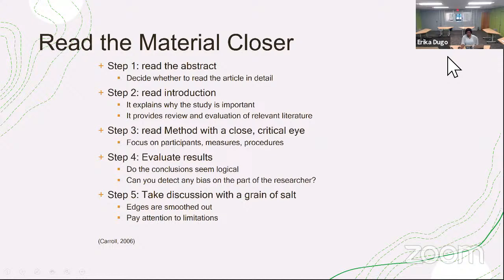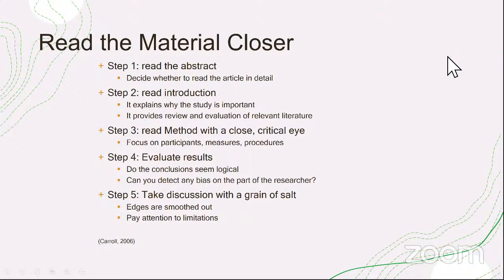So as you take a closer look at your source material, you should read the abstract, as this will help you determine whether to read that particular article in detail. Because you may find that after reading that abstract, that particular article is not relevant for your needs. So the next thing you could do is read the introduction.